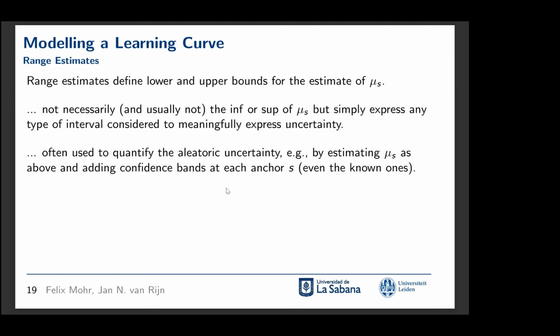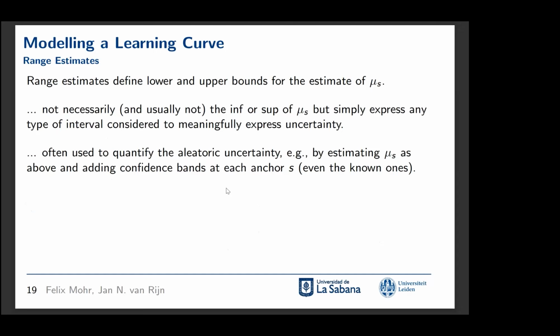Range estimates somehow define lower and upper bounds for the estimate of the mean value. So you have some mean value, which is the single curve, and then you create some bands around the single curve.